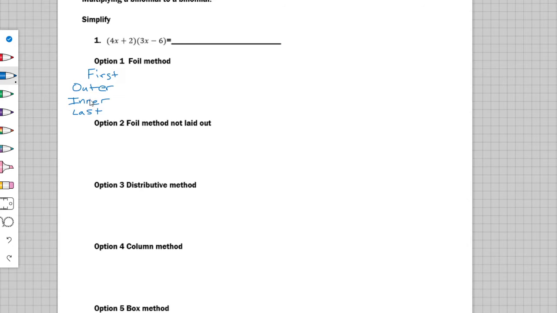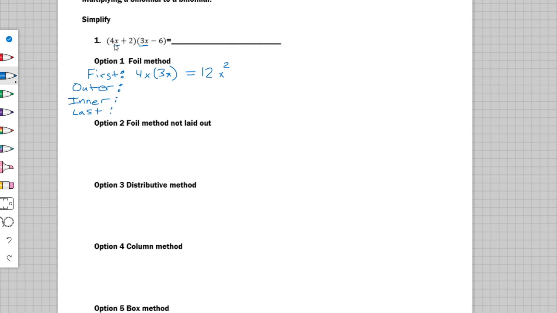And what are those representing? First represents the first terms that you're multiplying, so 4x and 3x. So 4x times 3x. 4 times 3 is going to be 12, and x times x is going to be x squared.